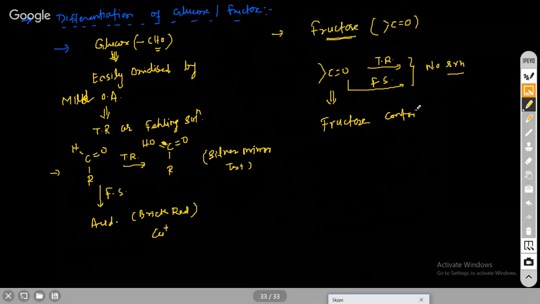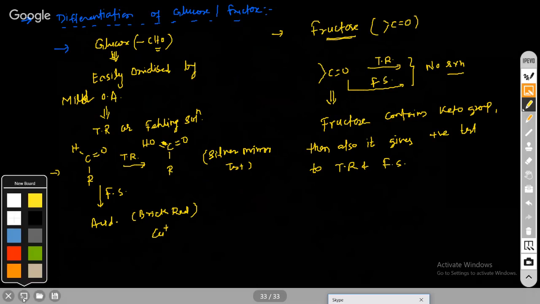Fructose contains keto group as primary functional group, but then also it gives positive test to Tollens' reagent and Fehling's solution. Okay, this is one thing. Now the point is why it gives positive test, right?